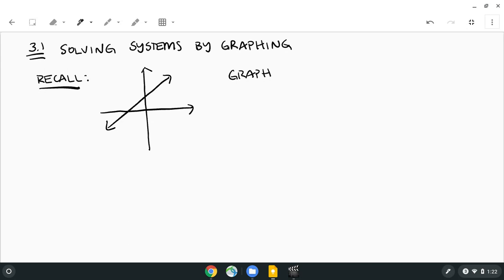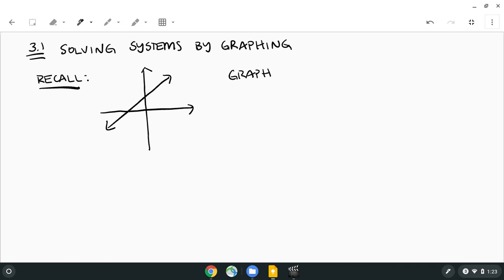graph here actually represents all the xy solutions of whatever equation that you just graphed. So whether it's a line or a parabola or an absolute value, remember that the graph still represents all the xy solutions, all the x and y's that satisfy the equation.